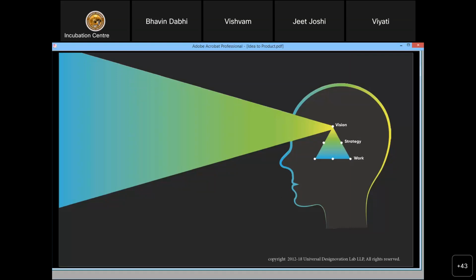When we get started with this analogy, we need to have a clear vision first. Then comes the strategy of the work, and before going to the strategy, we need the vision of that work. So this needs to be defined clearly whenever we approach the journey of idea to product.